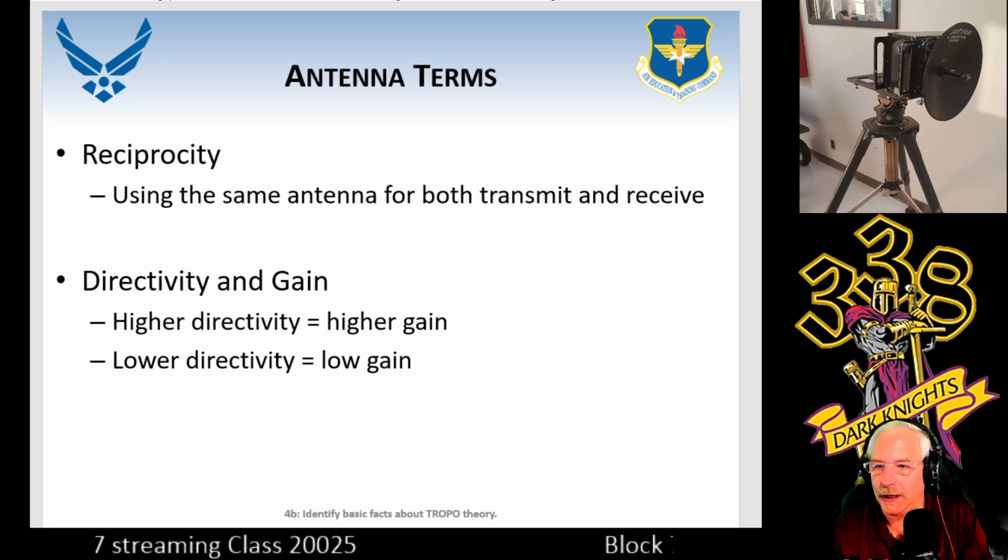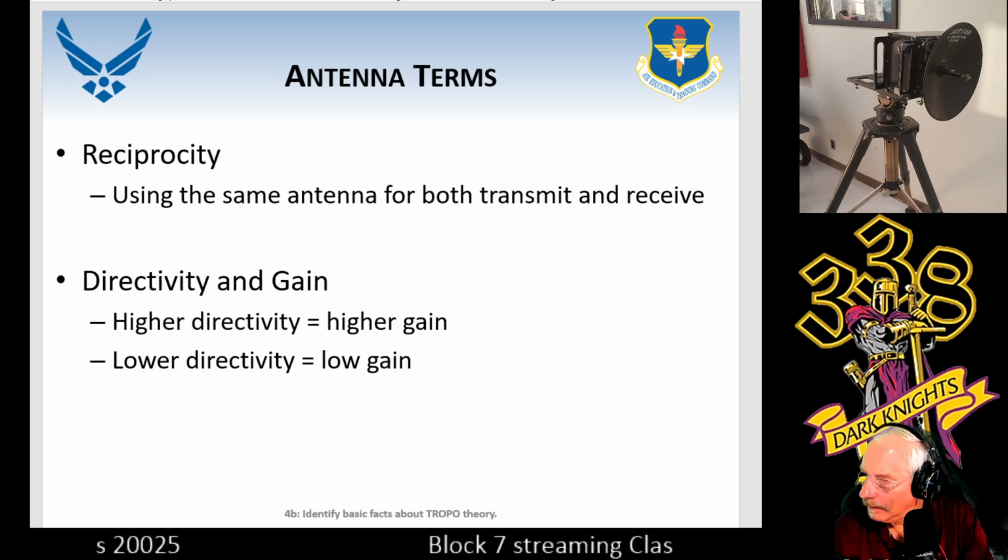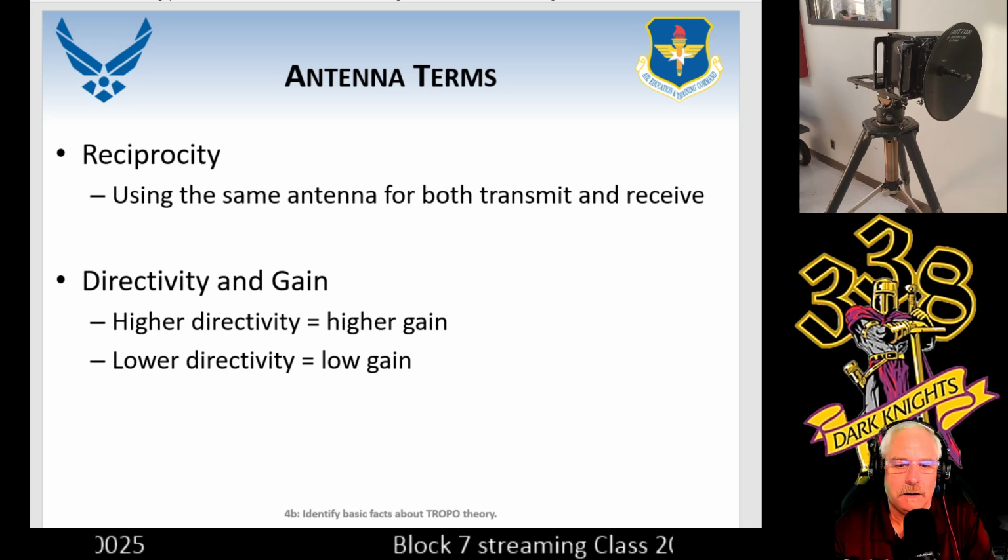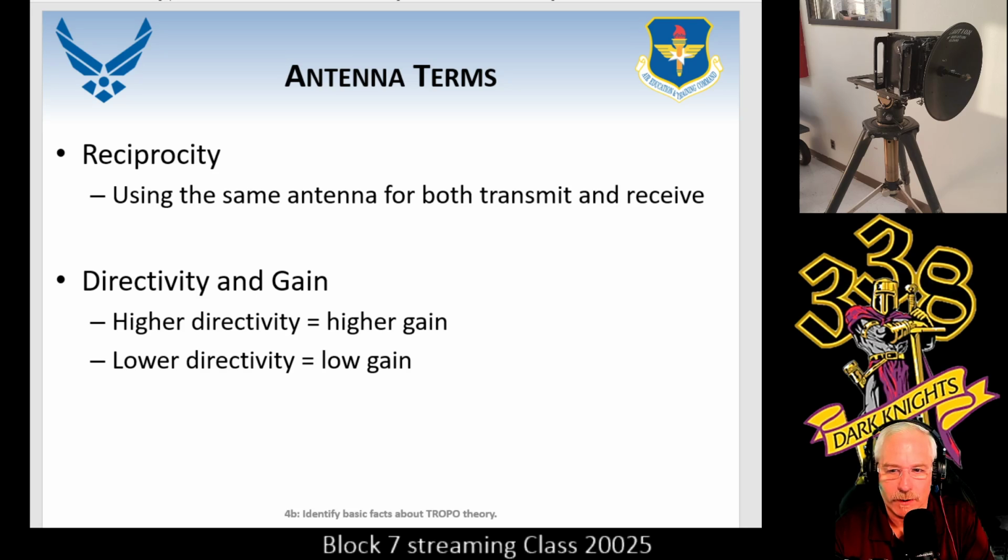The difference between, does everybody know what a Yagi antenna is? So, go ahead. Okay. Well, in block 4, we should have one in each room.